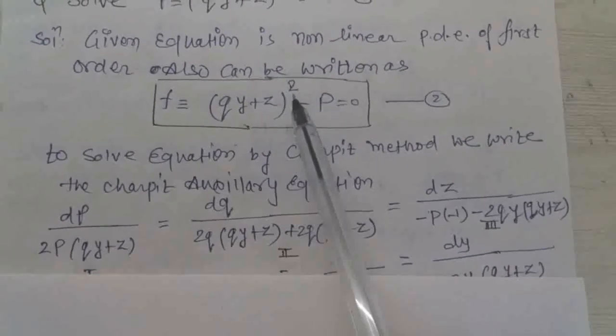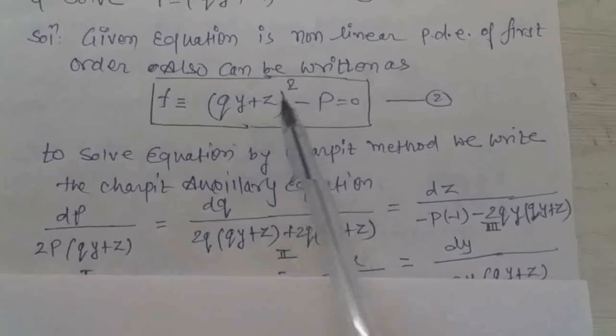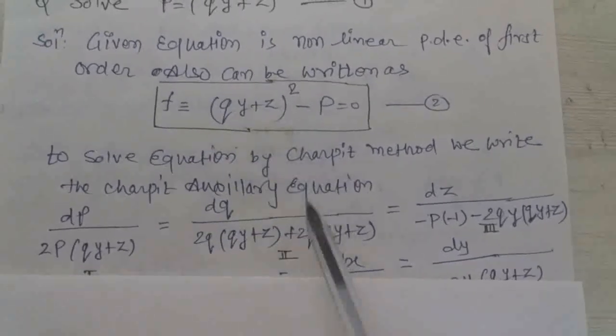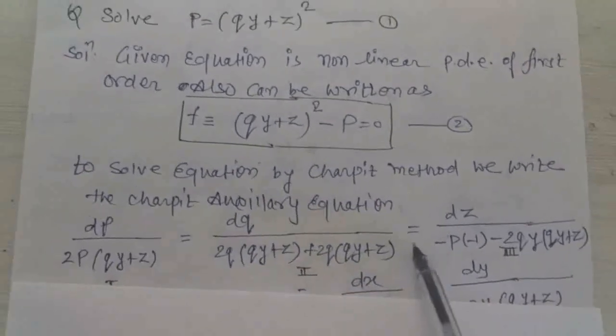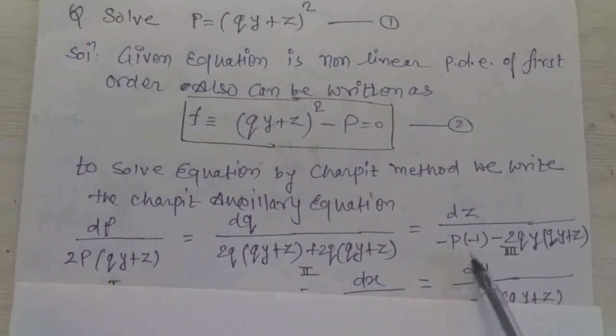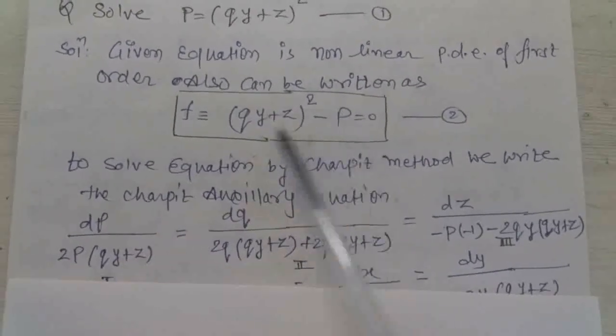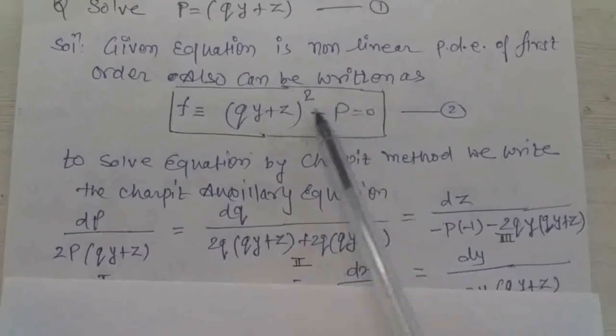Again del f by del z, the partial derivative of f with respect to z, we get 2 qy plus z, equal to dz upon minus p del f by del p, the partial derivative of f with respect to p, we get minus 1.